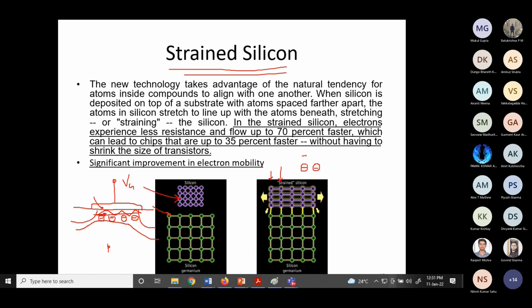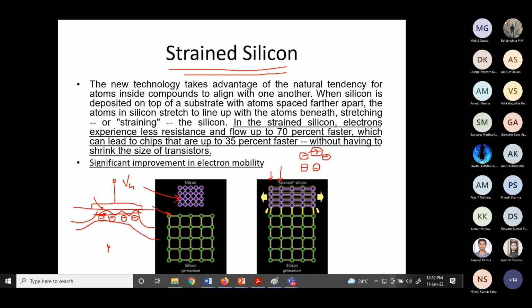But when you use a short channel MOSFET with strained silicon, maybe the distance between the immobile ions increases. So that allows the electrons to move faster between those two immobile ions. So they interact less, or they accelerate more before they encounter another scattering with the immobile ions.